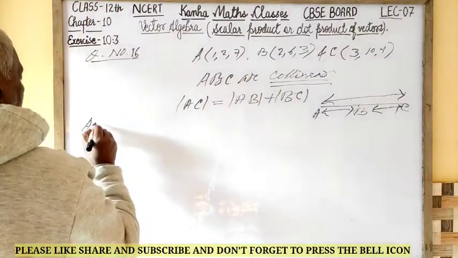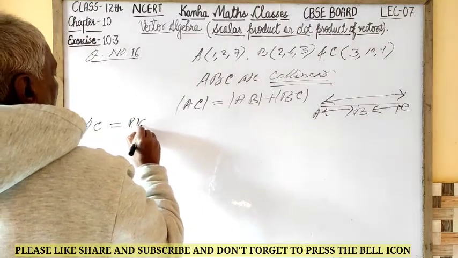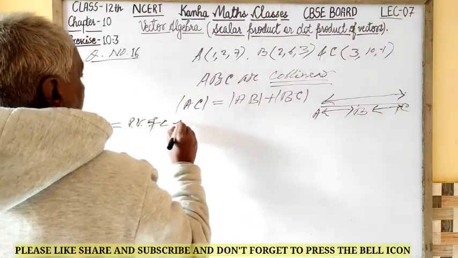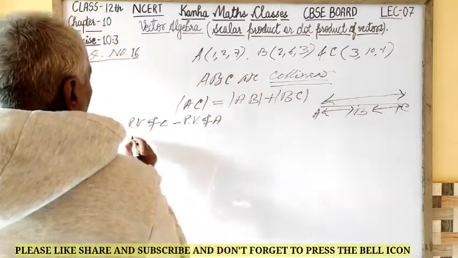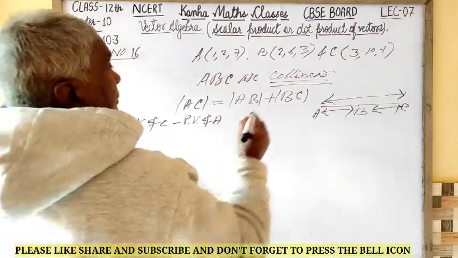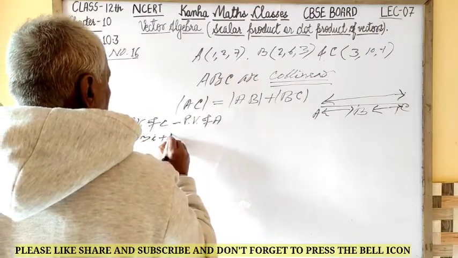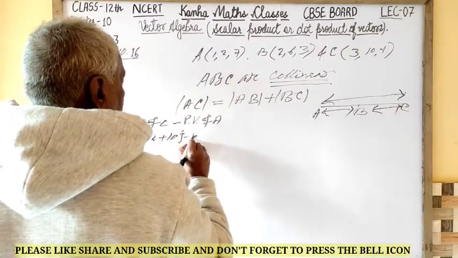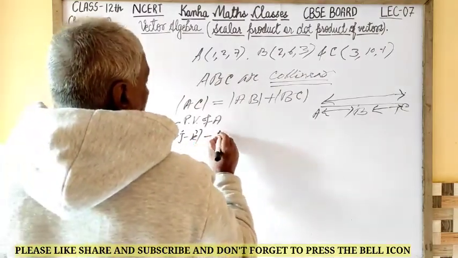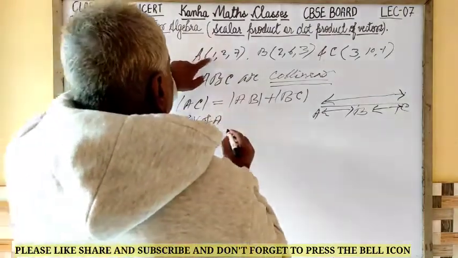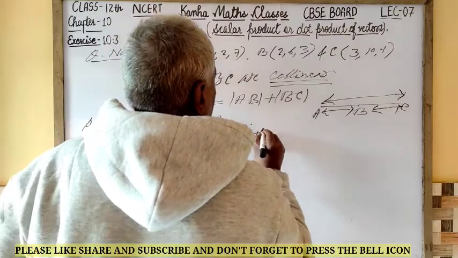Vector AC means position vector of C minus position vector of A. Position vector of C means 3i plus 10j minus k, minus position vector of A, which is i plus 2j plus 7k.